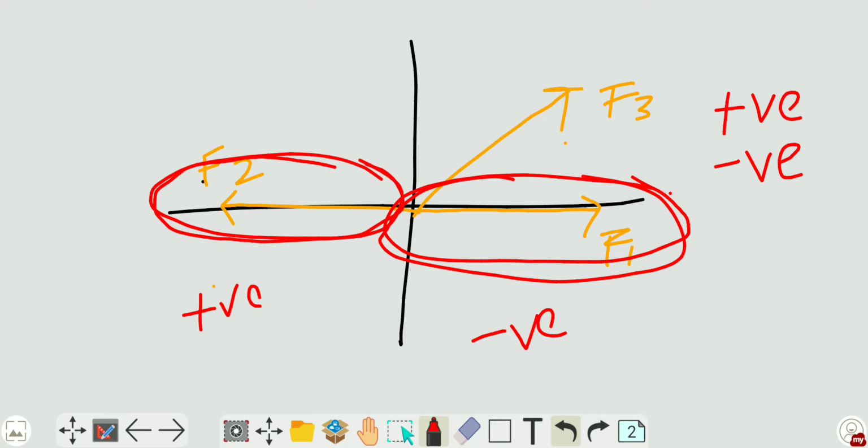You have to reverse the cases. If the force moving towards left is taken as negative, the right side force must be positive. If the right side force is negative, the left side force must be positive. So this is the case, right?